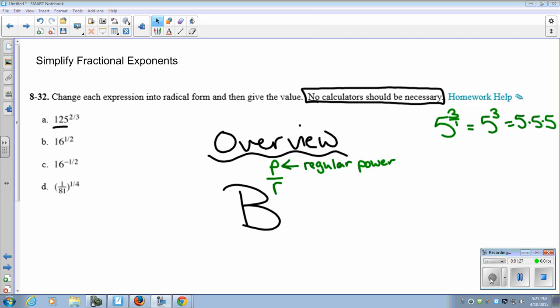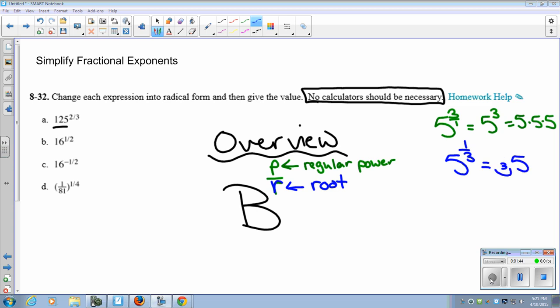If there's some number other than 1 in the denominator, that is actually the root. So, for example, if I had 5 to the 1/3, that would be 5, only it'd be the third root of 5.